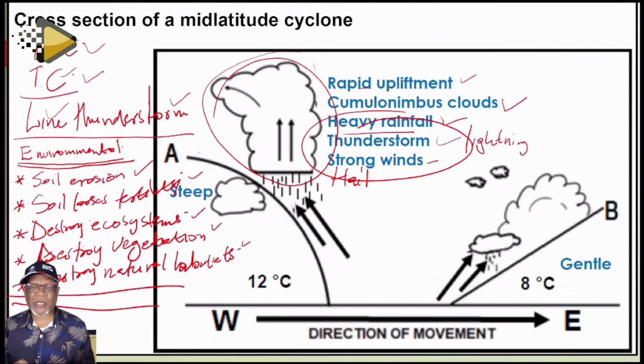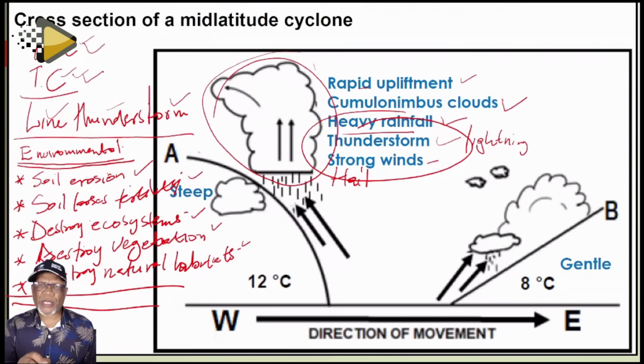The question says you must give the impacts of weather. You must give the impacts of either tropical cyclone, because I don't know what you are going to be assessed on. Is it going to be tropical cyclone, or line thunderstorm, or mid-latitude cyclone?